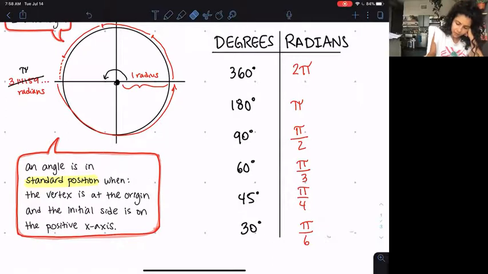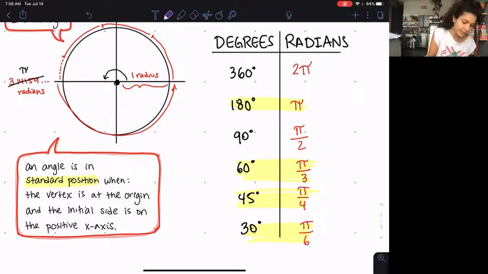So I want you to memorize these super key conversions, which are 180 degrees, that's pi. 60 degrees is pi over 3, 45 is pi over 4, and 30 is pi over 6. Commit those to memory because it's going to make our conversions go really, really quickly.